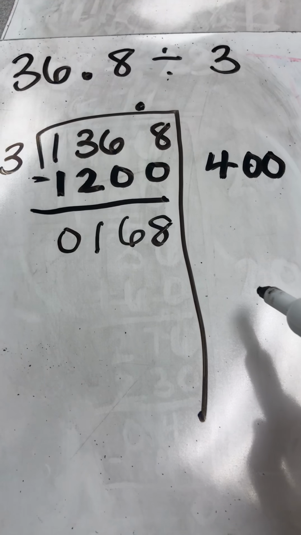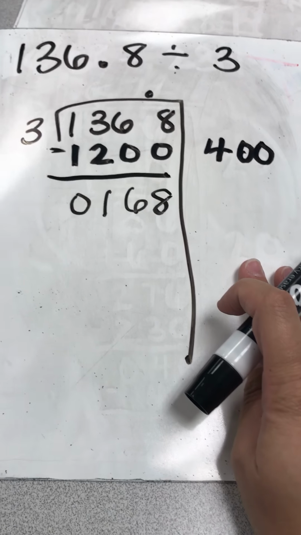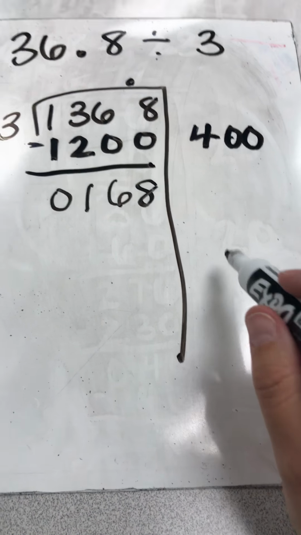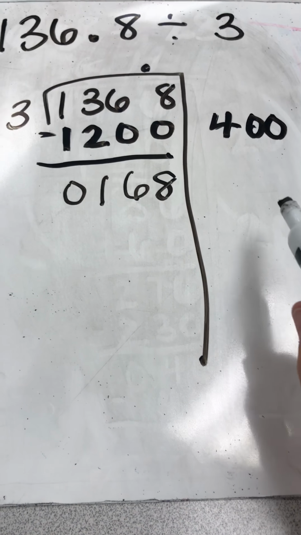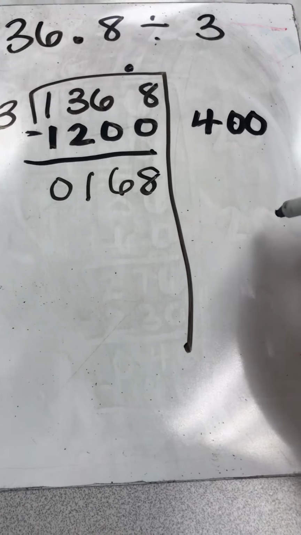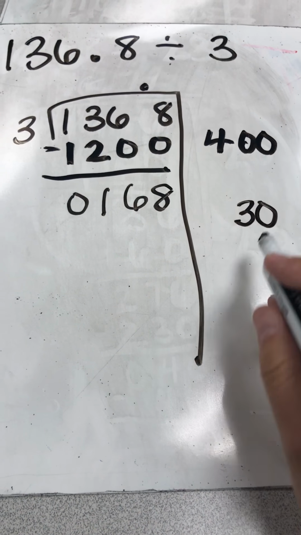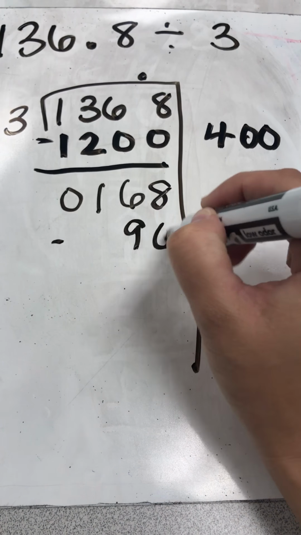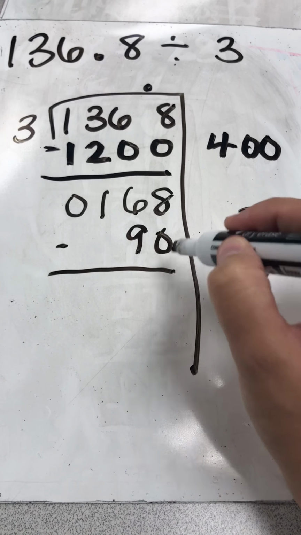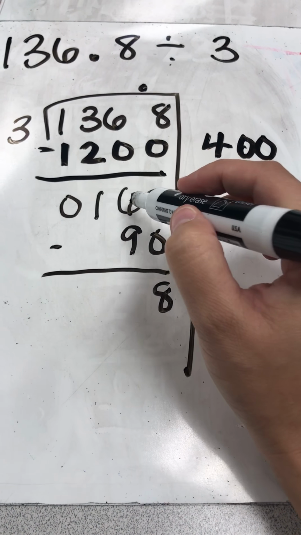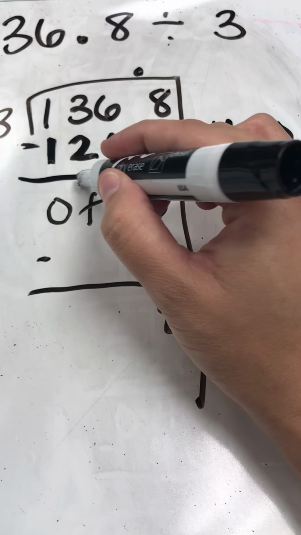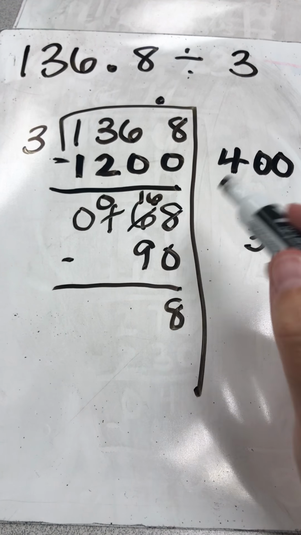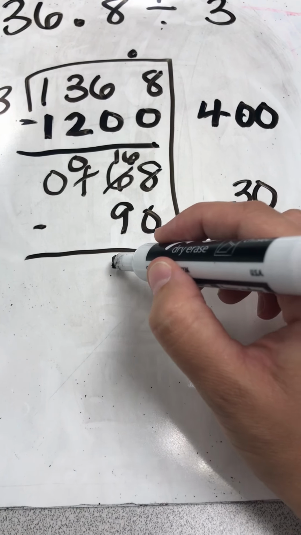Now I have 168. Similarly, let's say I think about numbers that I know off the top of my head. Maybe this time I'm going to use 3 times 30, because I know 3 times 30 would give me 90. When I subtract that, 8 minus 0 is 8. Can't do 6 minus 9, so I'm going to borrow from my 1. My 6 becomes a 16. 16 minus 9 gives me 7.